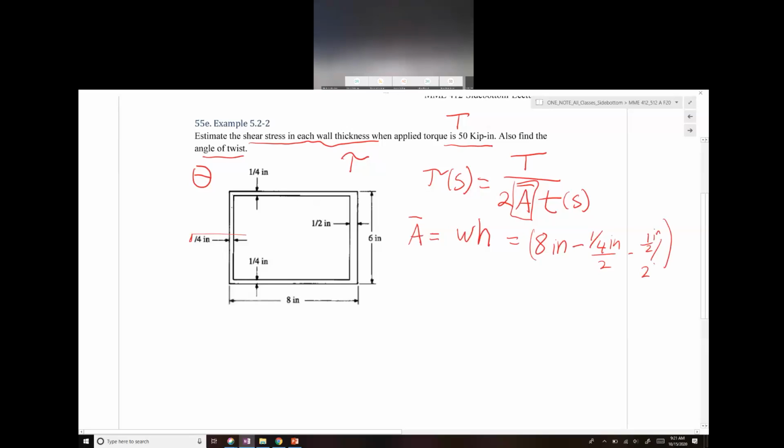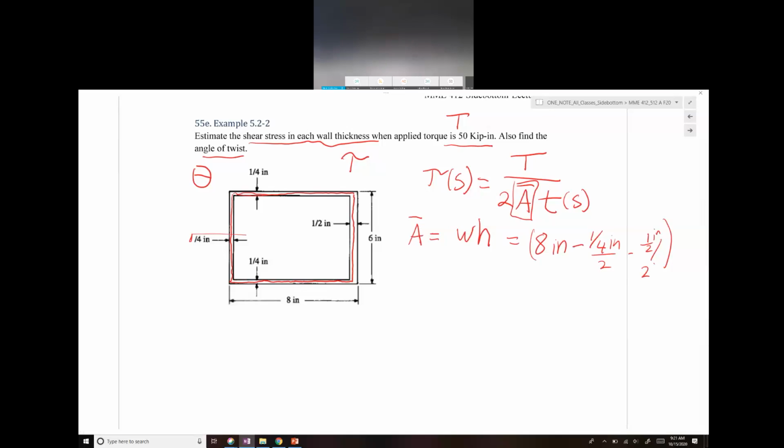We're trying to find the center point along our tube section for our average, to find our average area.